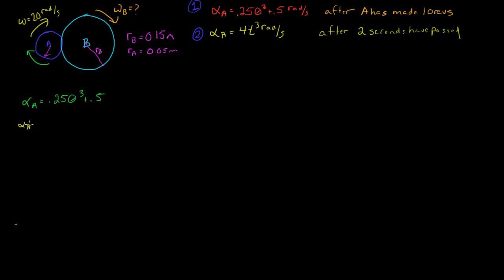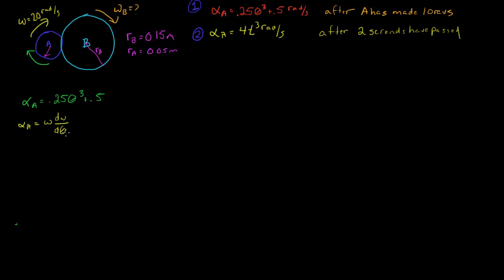So we have this alternate expression: the angular acceleration is equal to the angular velocity times the derivative of the angular velocity with respect to angular position.